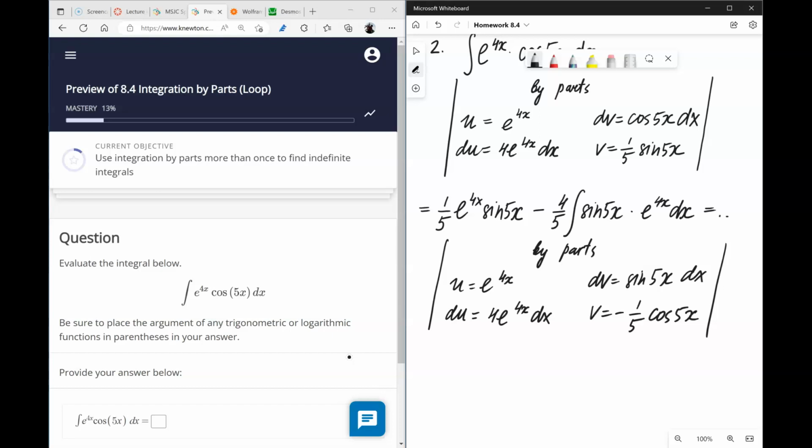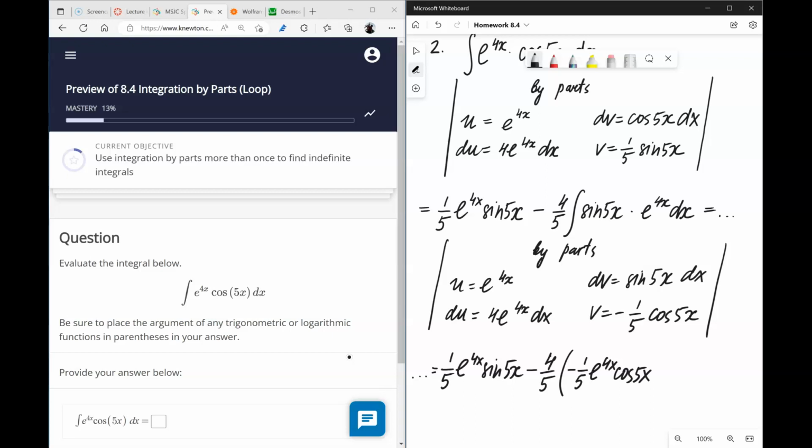So now, continuing with the original integral, we have 1/5 e to the 4x sine 5x minus 4/5 times uv, so negative 1/5 e to the 4x cosine 5x.